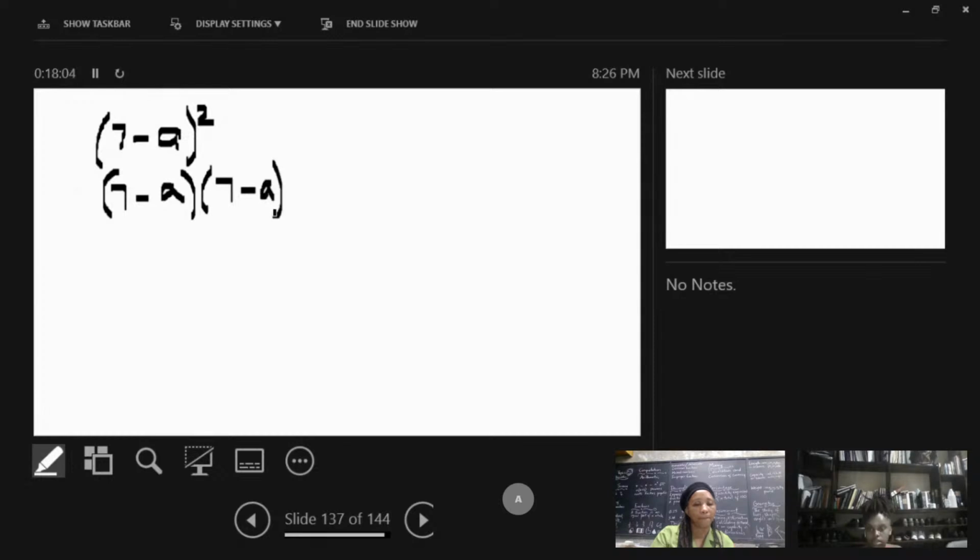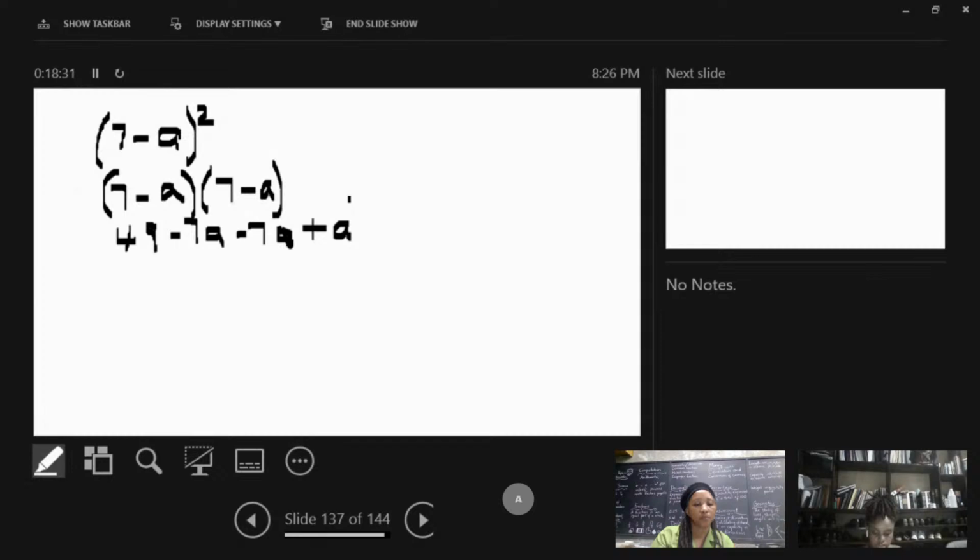And 7 times 7 is 49. And 7 times negative a is negative 7a. And a times negative 7 is negative 7a. And negative a times negative a is positive a squared.